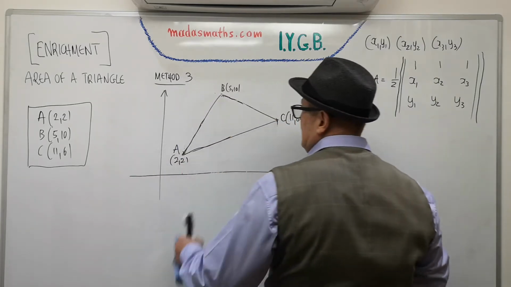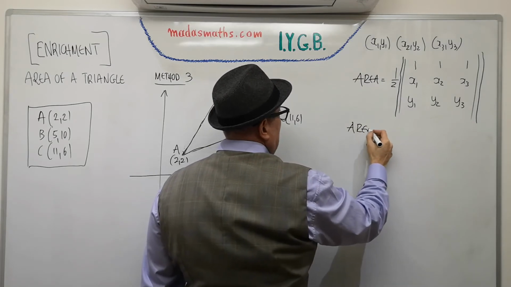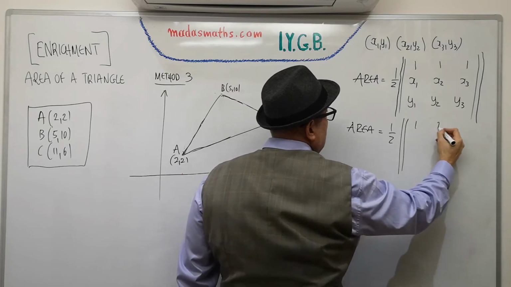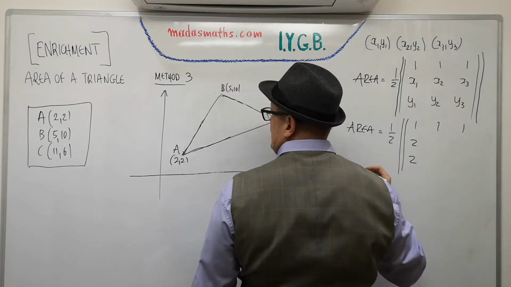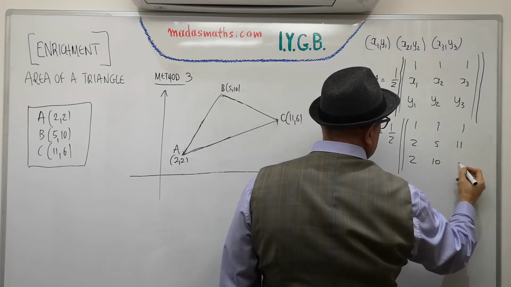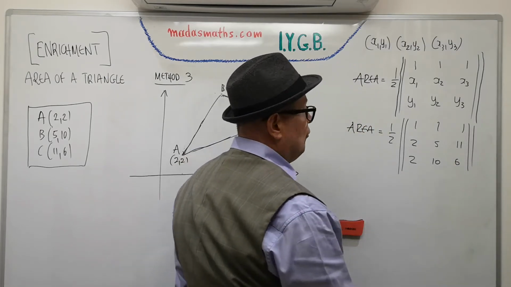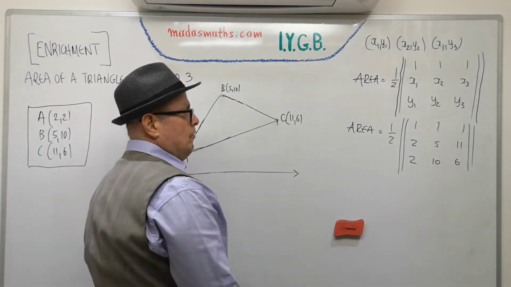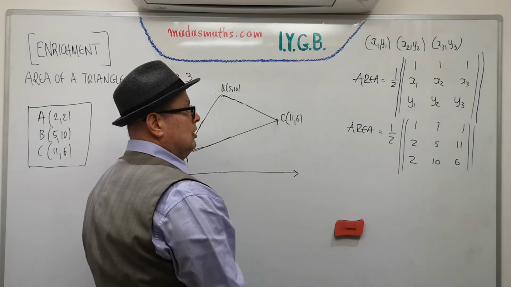Okay, so let's find now the area of this particular triangle, and let's see what this thing gives us. A half times 1, 1, 1, coordinate number 1, 2, 2, coordinate number 2, 5, 10, coordinate number 3, 11, 6. We can evaluate this determinant, so this now involves further maths, and I'm going to do a little bit more further maths in this because I don't fancy breaking that into 3 different 2 by 2 determinants.